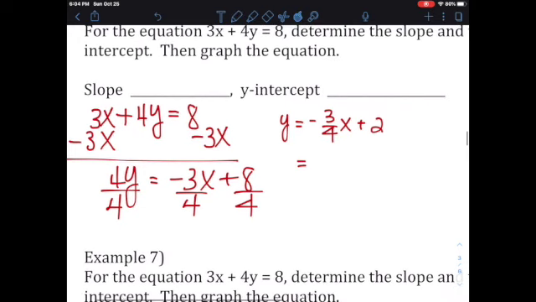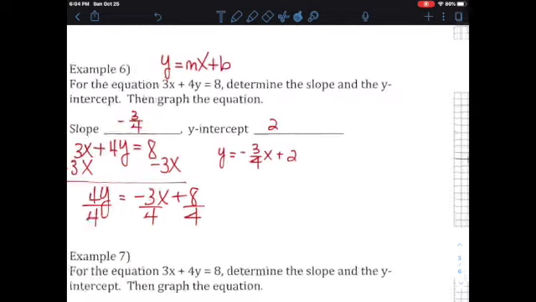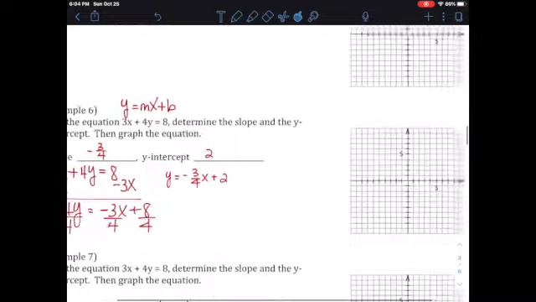Your m is the number in front of the x, which is negative 3 over 4. And your b is the one that does not have x, so your b, or y-intercept, is positive 2. And that is how that problem is done, and we are going to graph it.